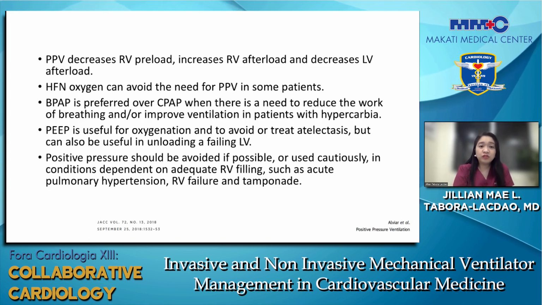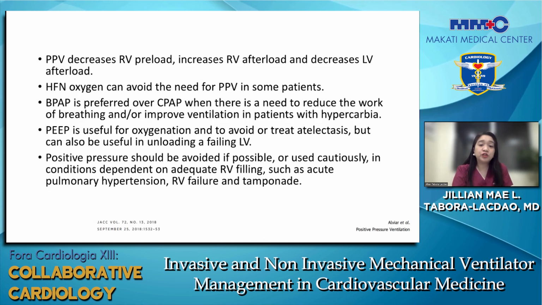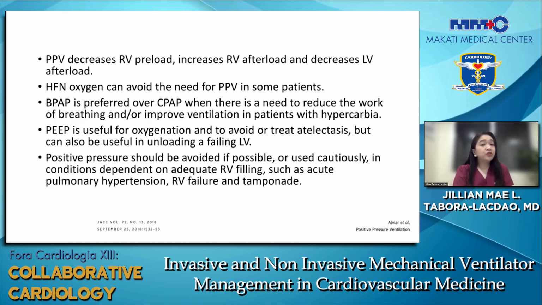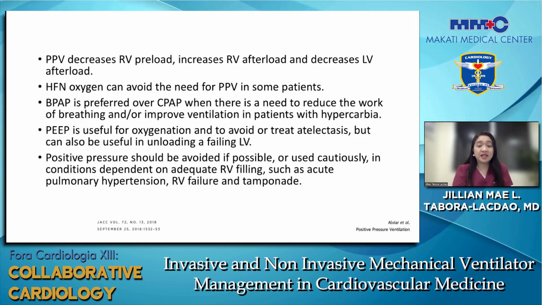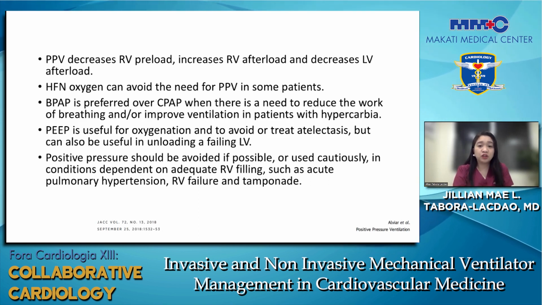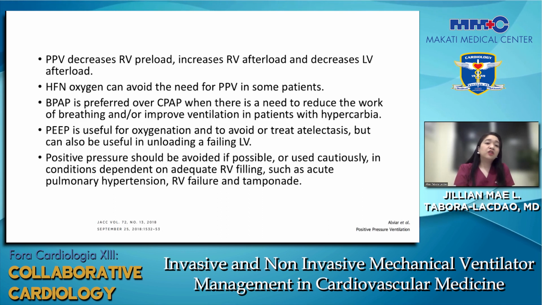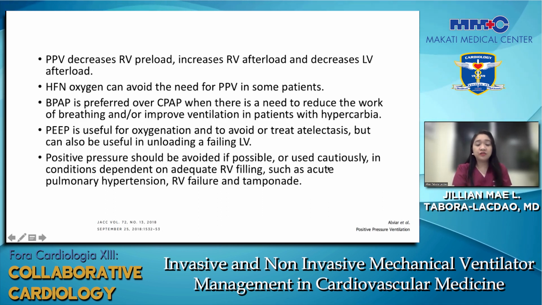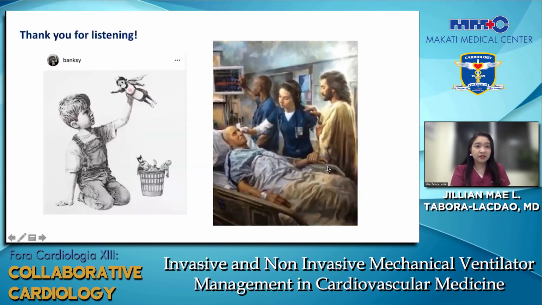PEEP is useful for oxygenation and to avoid or treat atelectasis, but can also be useful in unloading a failing LV. Positive pressure should be avoided if possible or used cautiously in conditions dependent on adequate RV filling, such as acute pulmonary hypertension, RV failure, and tamponade.